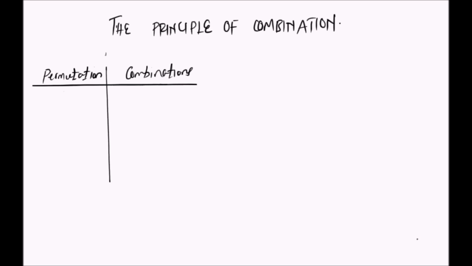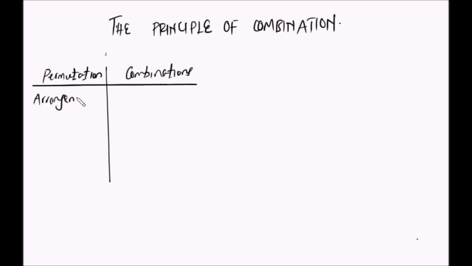In the previous tutorial we studied the principle of permutations, but in this tutorial we're going to study the principle of combination. Now I like to talk about combinations by comparing it with permutations. What's the difference between the two? The most important difference is that in permutation, arrangement is considered.